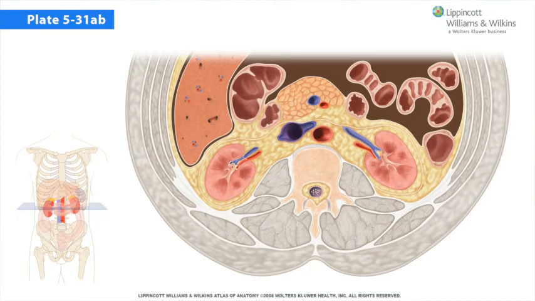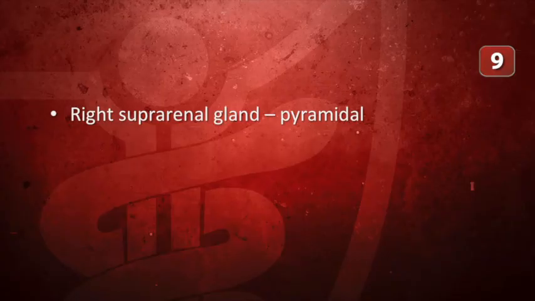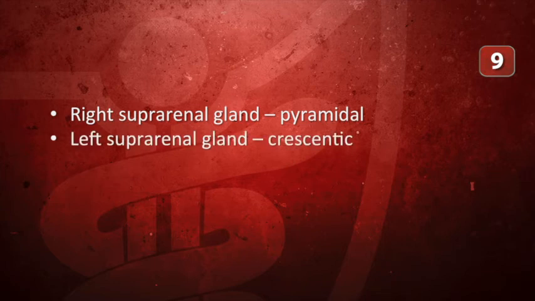The renal fascia sends extensions through the extraperitoneal fat to help hold the kidney in place. It also forms a septum between the kidney and the suprarenal gland, and anchors the suprarenal gland to the fascia of the overlying diaphragm. The right suprarenal gland has a pyramidal shape, while the left gland is crescentic.